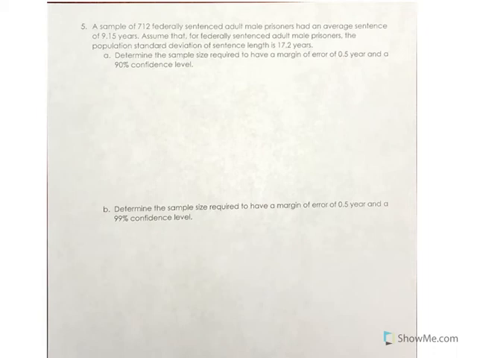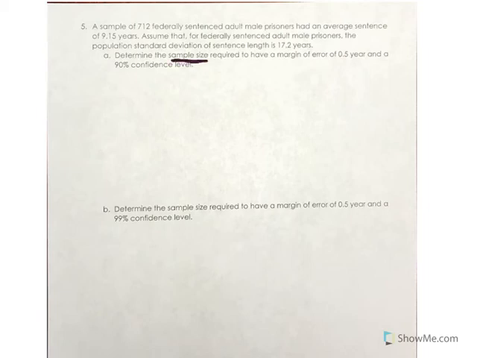Assume that for federally sentenced adult male prisoners, the population standard deviation of sentence length is 17.2 years. Now, A says determine the sample size required to have a margin of error of 5.5 years and a 90% confidence interval.